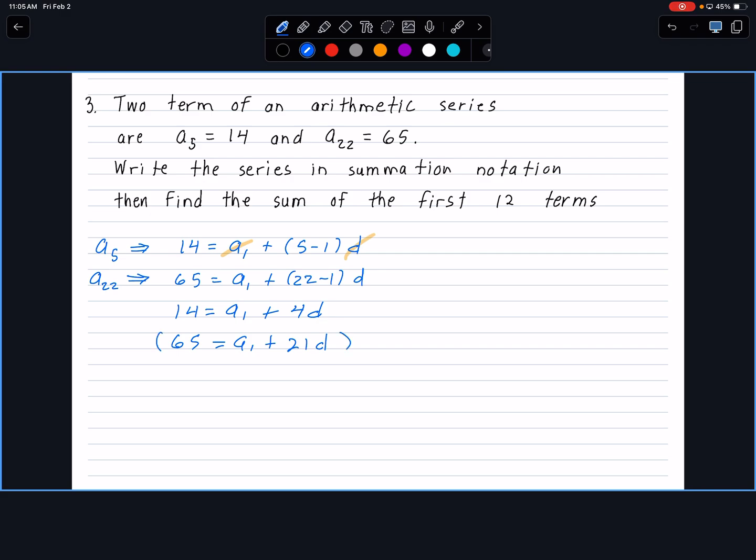And then I'm going to subtract. I'm going to use the elimination method so that I can get rid of the first term in both of them.